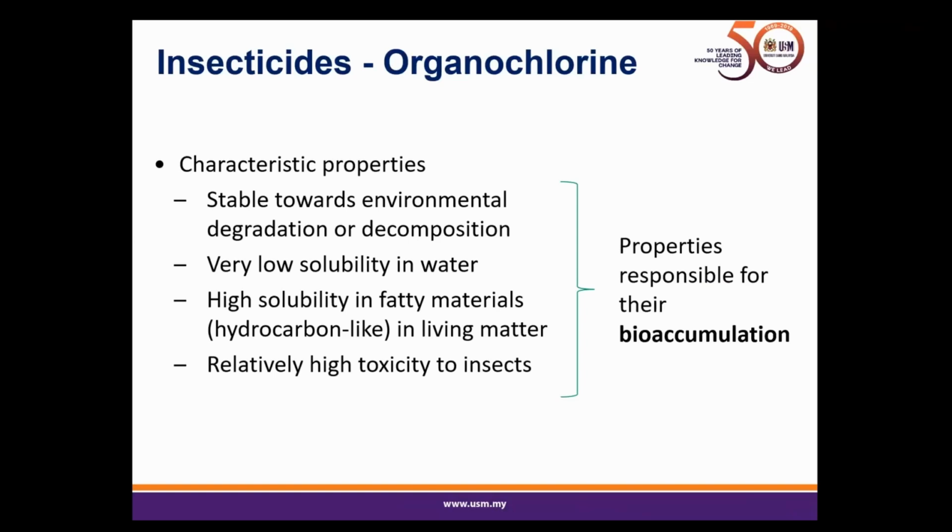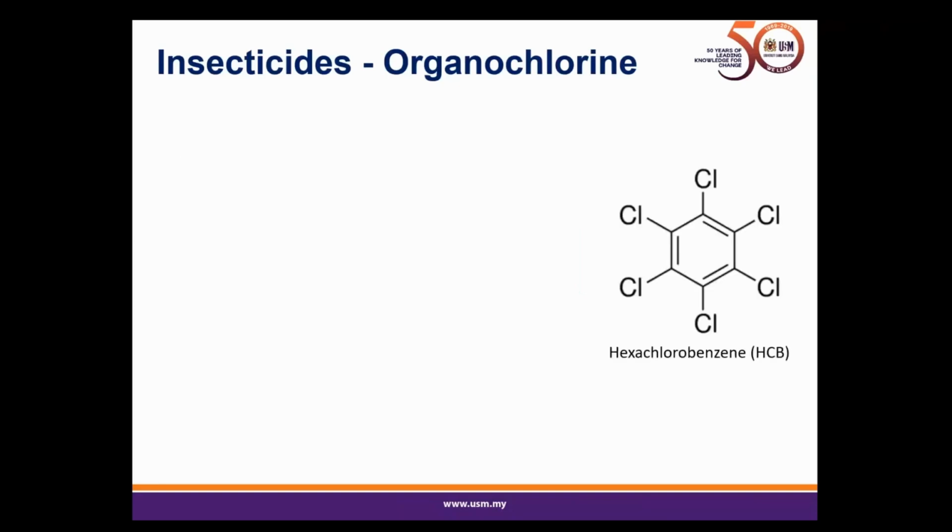Studies have shown that they tend to accumulate in fish and other organisms, concentrated in the fatty tissue. From there, the concentration can increase through the food chain, which we call biomagnification. Later, I'll show you what I mean by biomagnification.